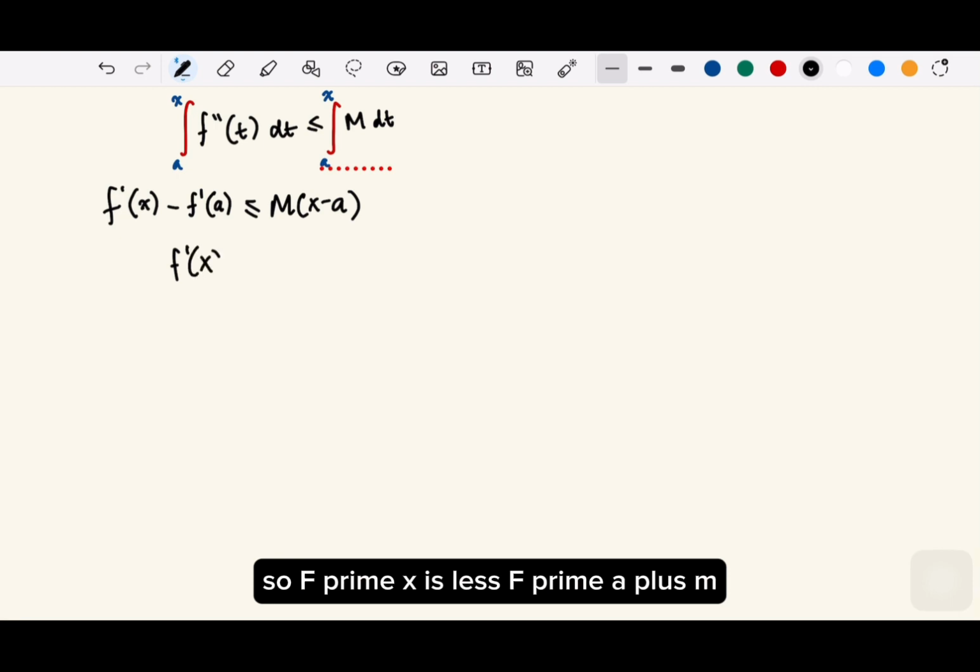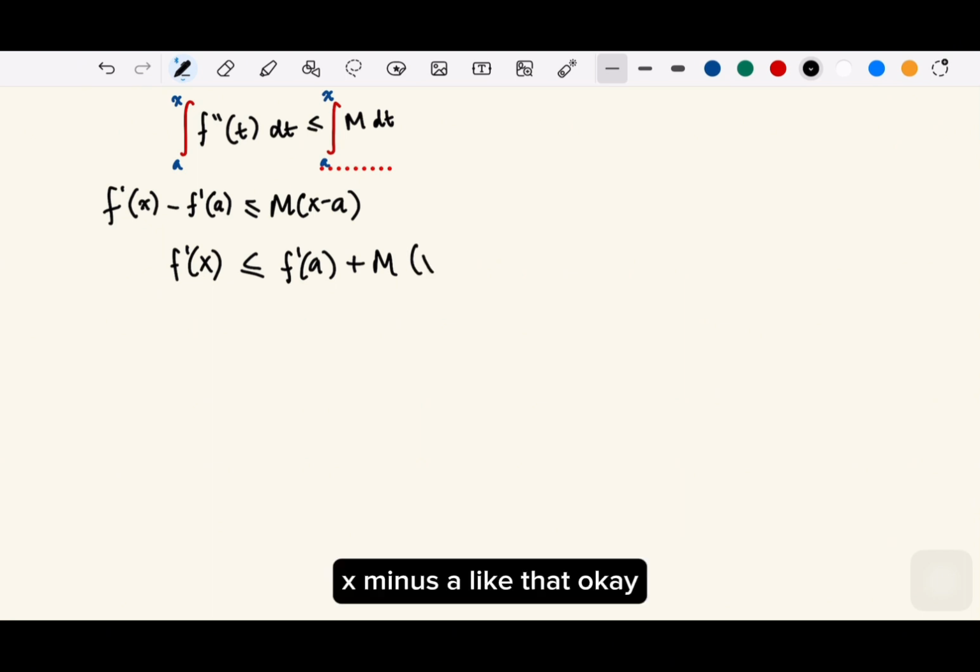So f prime of x is less than or equal to f prime of a plus M times x minus a, like that.